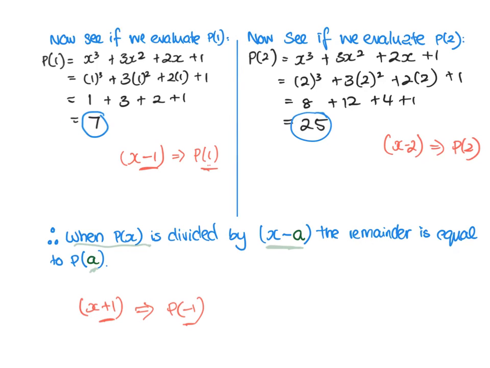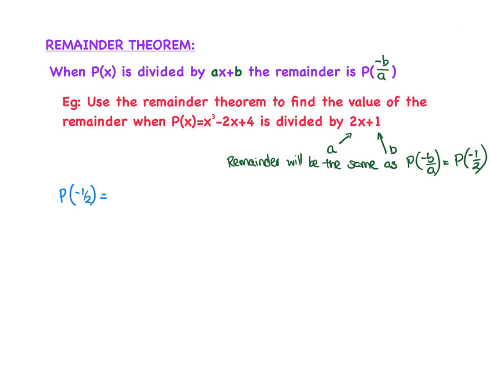Yes. So here we're just summarising that. That's called the remainder theorem. So you can know what the remainder will be when p of x is divided by ax plus b. When we had our little example, we divided by x minus 1, so our a would have been 1 and our b would have been negative 1.